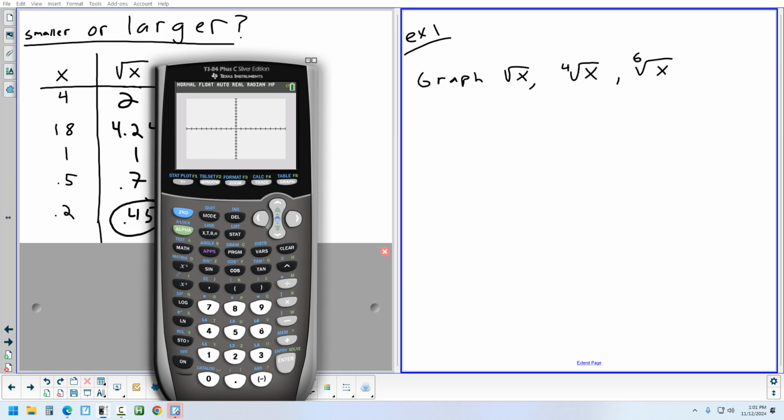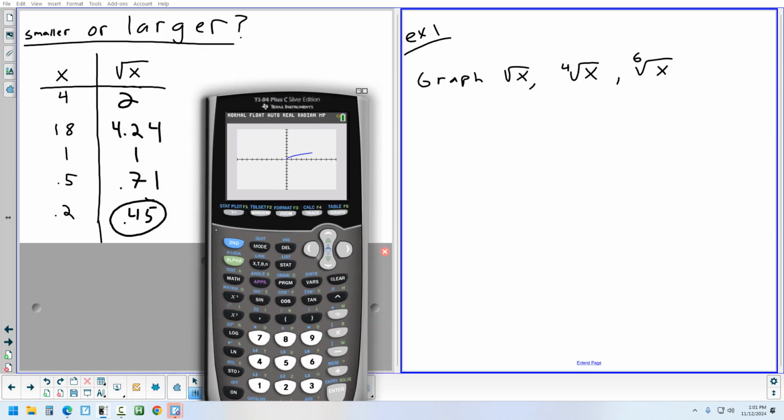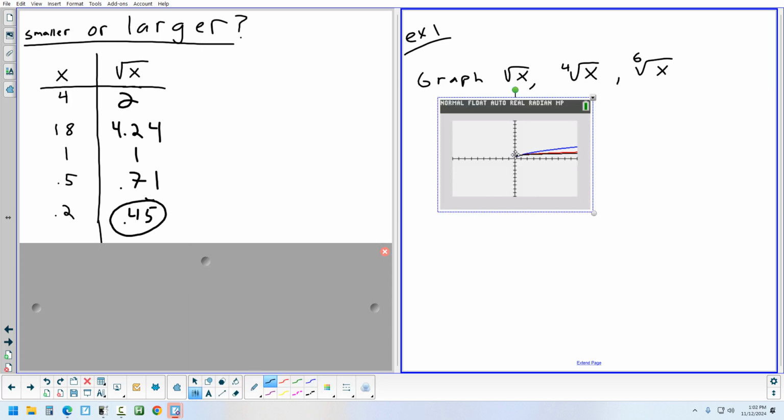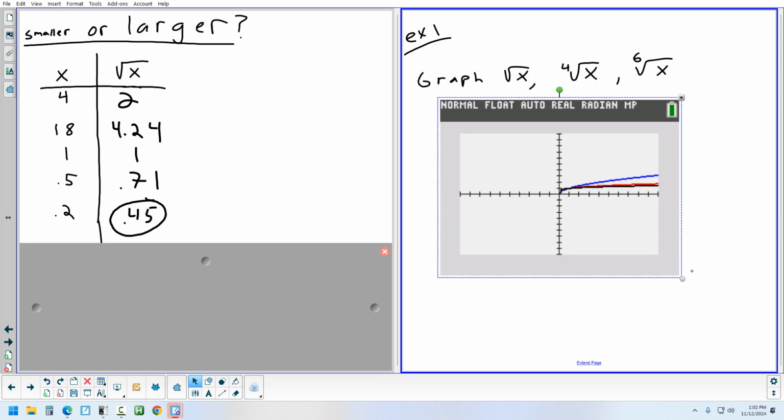Let's do zoom 6. It's a good starting window, but we might have to zoom in more to see what's going on. I graphed those three functions, y1, y2, and y3. Anything you notice about the direction they go in?